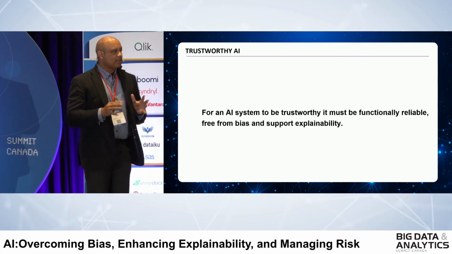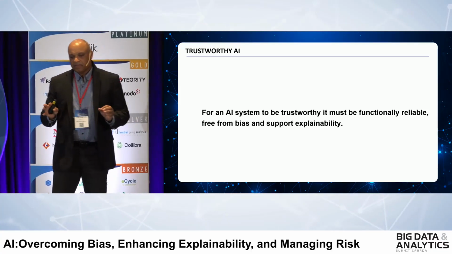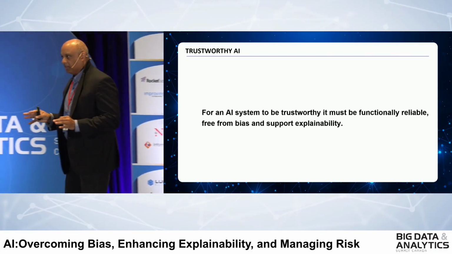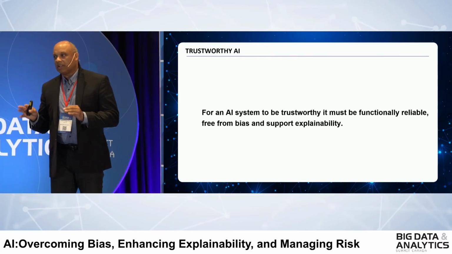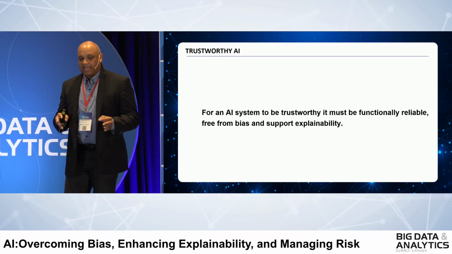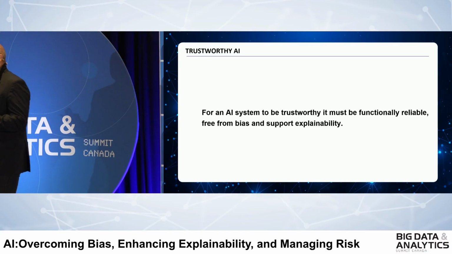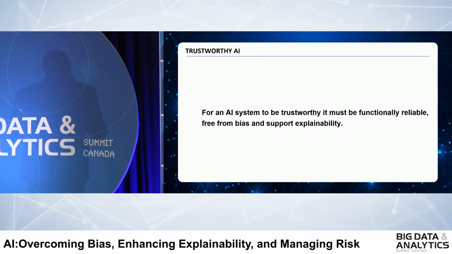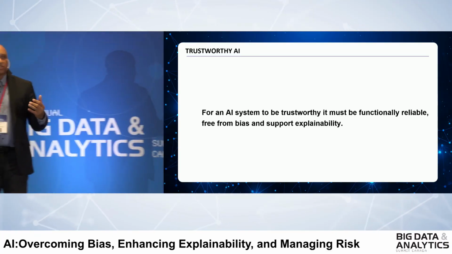So we're going to start with a fundamental statement here, which says, for an AI system to be trustworthy, it must be functionally reliable, free from bias, and support explainability. A lot of words there. But essentially what I'm doing is laying the groundwork for, let's just be on the same page.